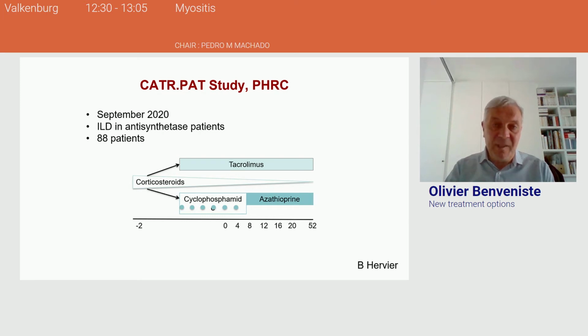So we will start in September. Because of COVID, we had to delay the first patients, but we will start in September for patients with antisynthetase interstitial lung disease, 88 patients, in a trial comparing these two approaches.